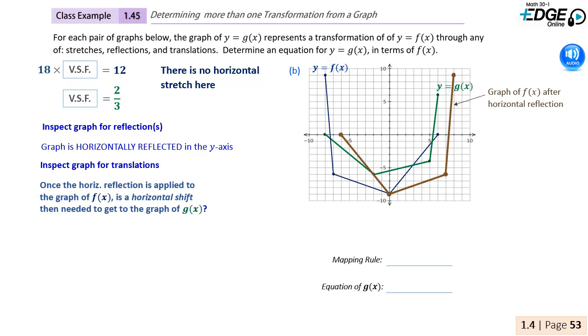After we apply our horizontal reflection, remember there was no horizontal stretch, is a horizontal shift required for our two graphs to align in position? We can see that the leftmost and rightmost point of our reflection require a shift of 2 units left.